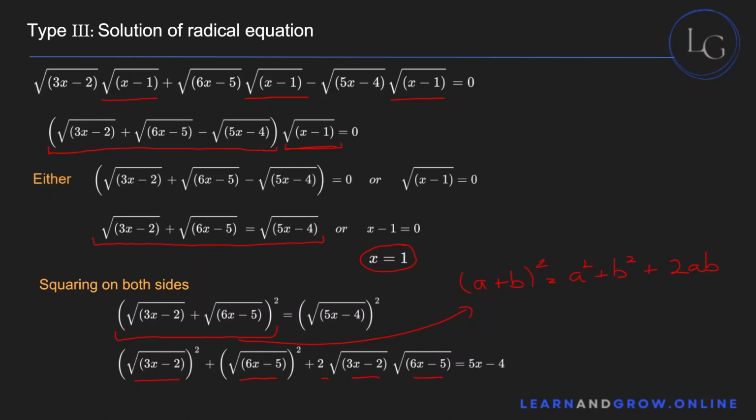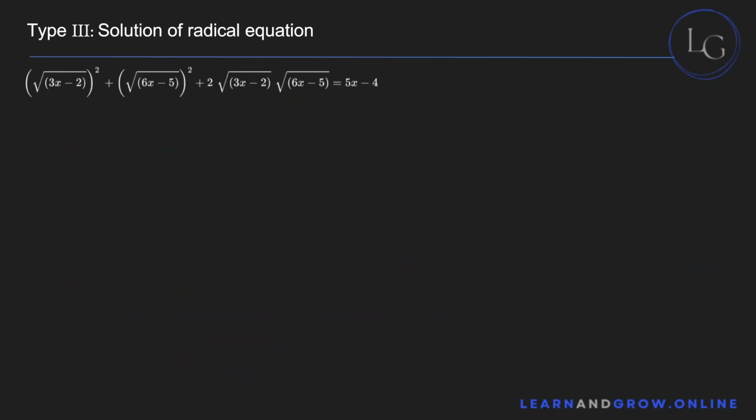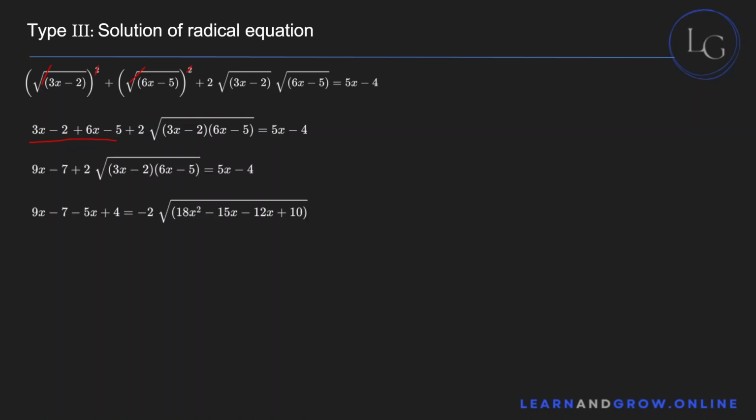Now, upon eliminating the radical signs here, you get this. And you'll take this entire set of numbers on the right hand side, because only the radical term must be on the left hand side as per the rule. Or as we've done here, we've taken the radical term on the right hand side. Basically, the radical term must be on a different side from everything else.